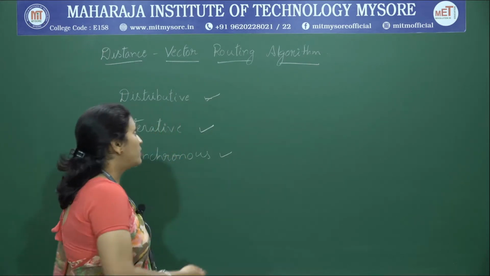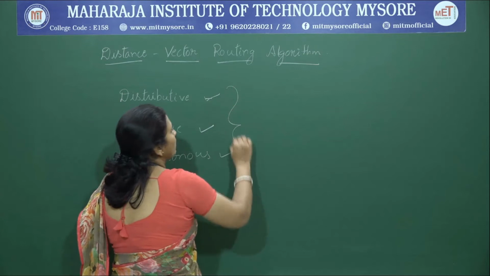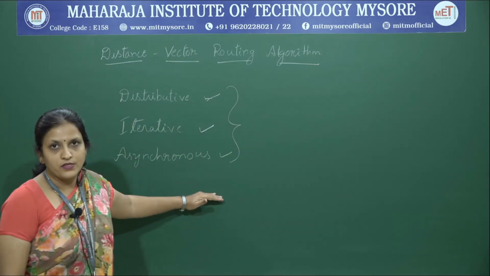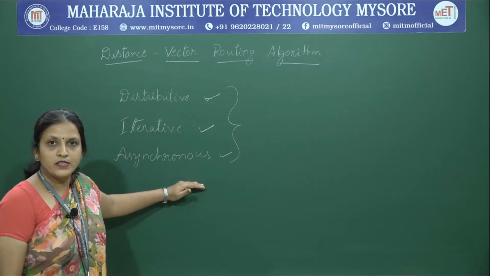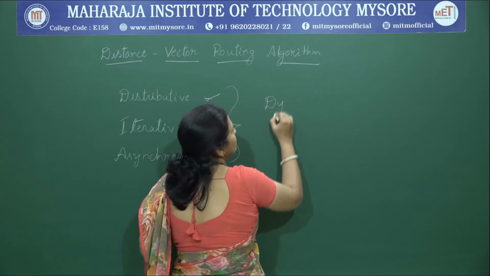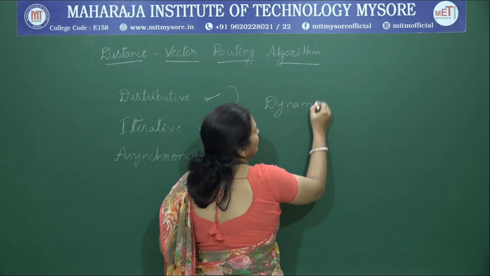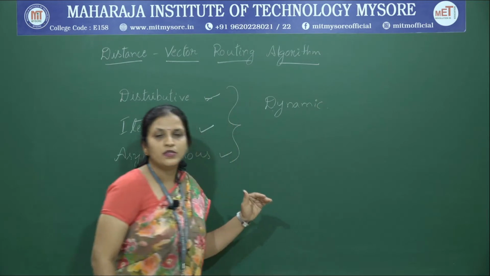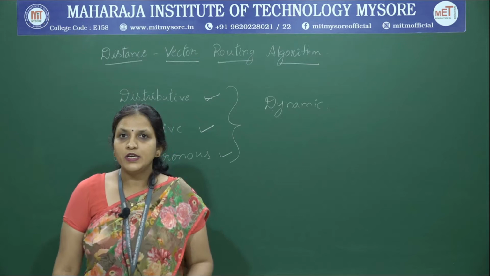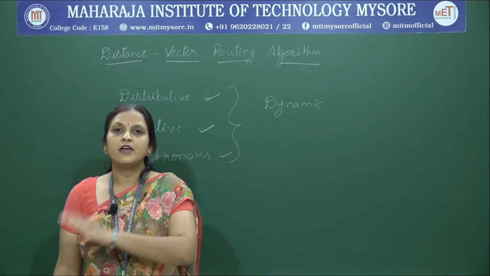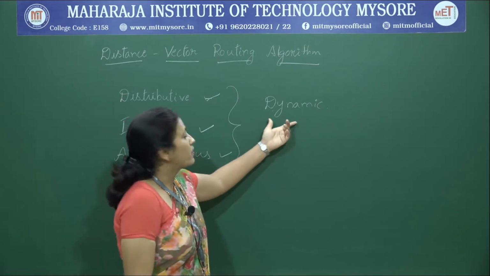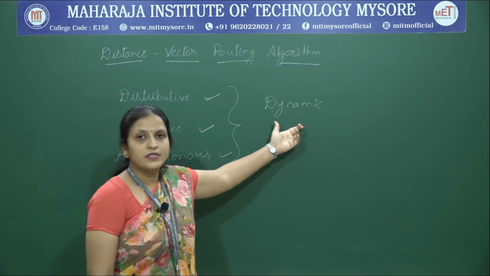So, that is why we call the distance vector routing algorithm distributive, iterative and asynchronous. By observing these three things, we can say that the distance vector routing algorithm is dynamic, isn't it? The values in the vector change continuously and dynamically, depending on the values of the neighboring routers. That is why we call it dynamic.